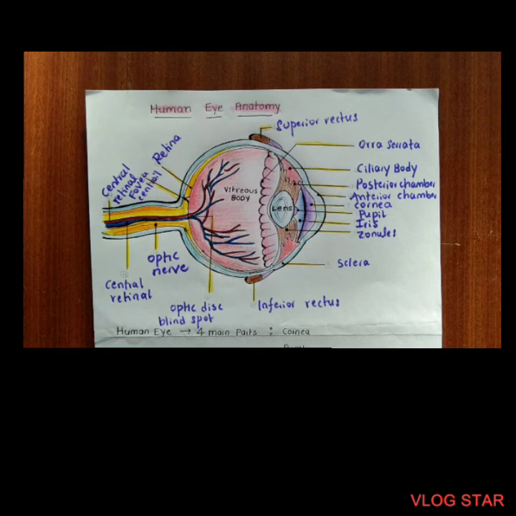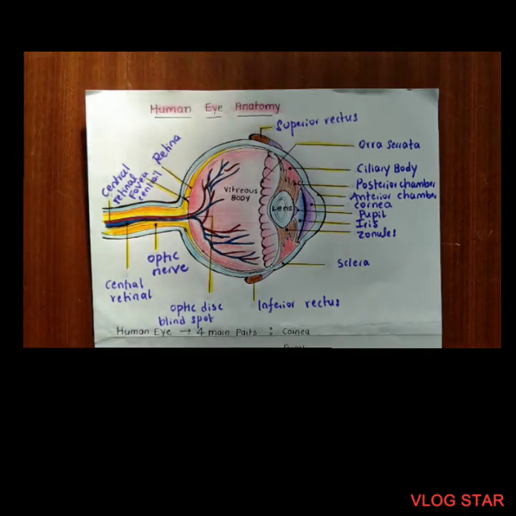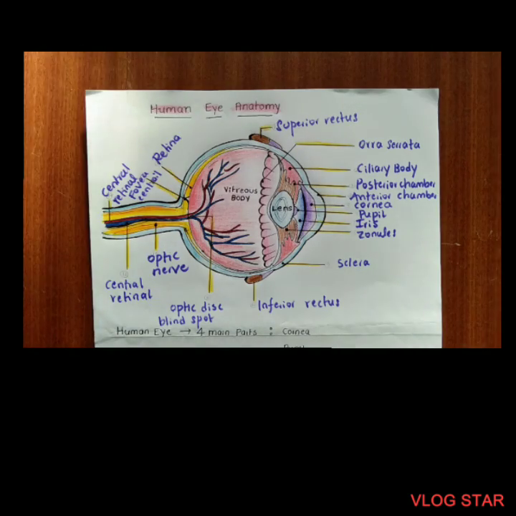Next we see central retina. Central retina drains blood from the capillaries of the retina into either the superior ophthalmic vein or into the cavernous sinus directly.